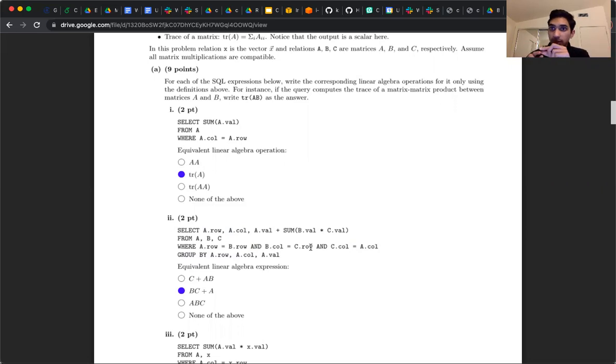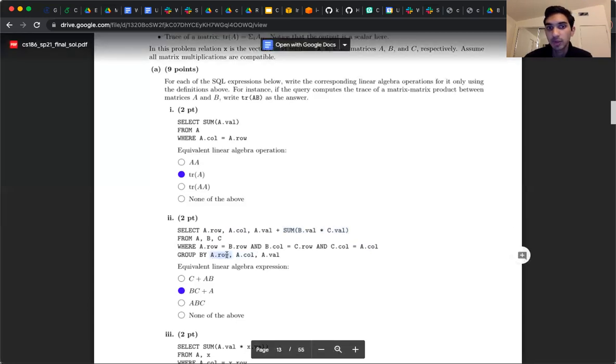That's essentially what a matrix multiplication is doing. When we're grouping by A dot row and A dot col and A dot val, we're summing everything that multiplies in that row and that column, and we're doing that for every A's row and A's column.